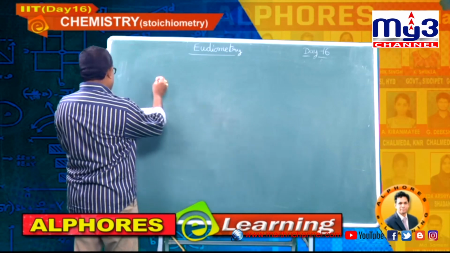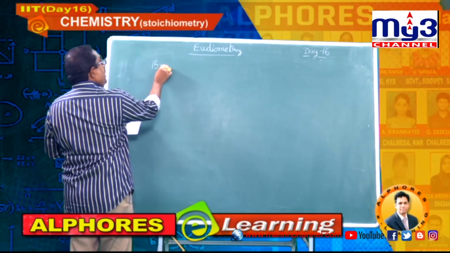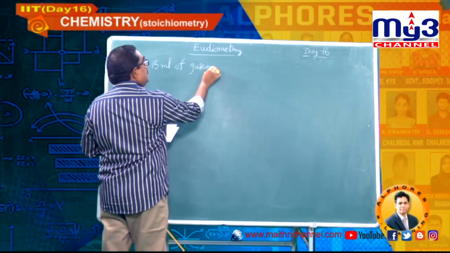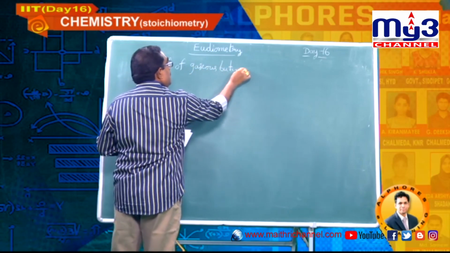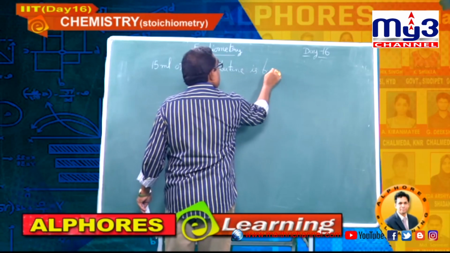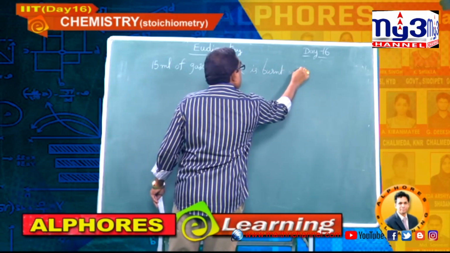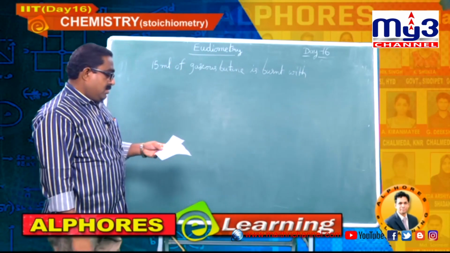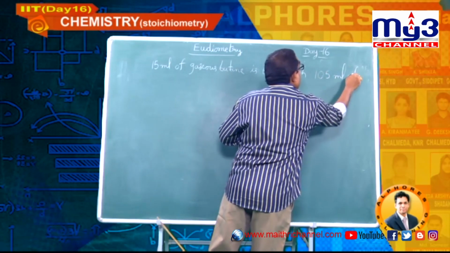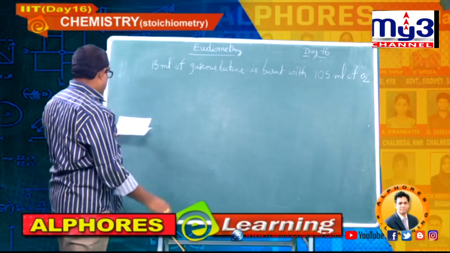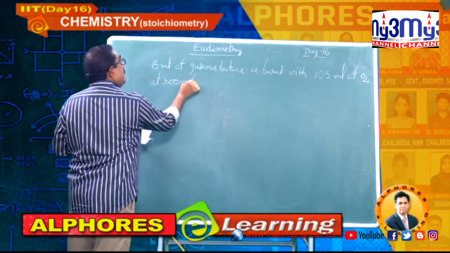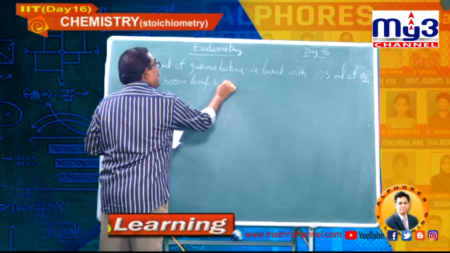Please write down along with me. 15 ml of gaseous butane is burnt with 105 ml of oxygen at room temperature and pressure.